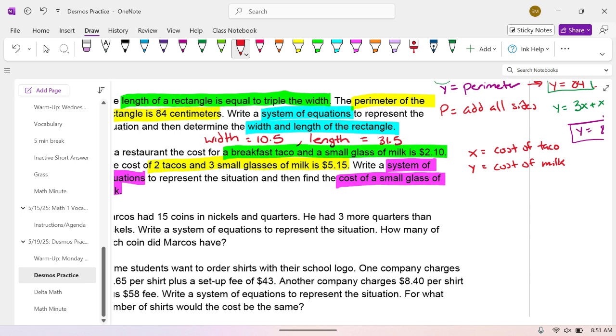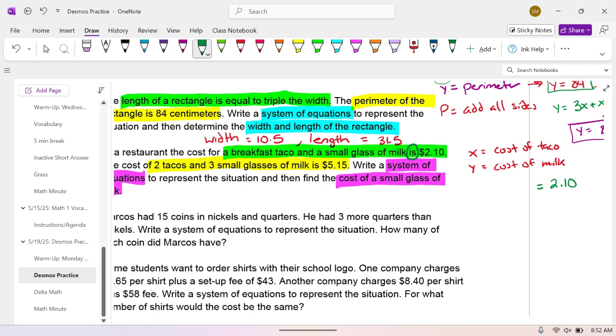Now we can write our system based off of that. Let's go based off of what's highlighted in green. A singular taco and a glass of milk is $2.10. The first thing you want to figure out is what goes on the other side of the equal sign. Wherever you see the word is, whatever follows it is on the other side of the equal sign. So what are we equaling to at the end of this? $2.10.